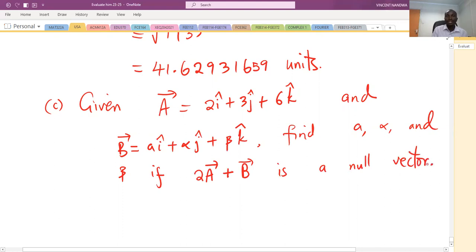So this question is just testing whether you know how to define the term null vector. A null vector is a vector whose magnitude is 0 and also every component is 0.